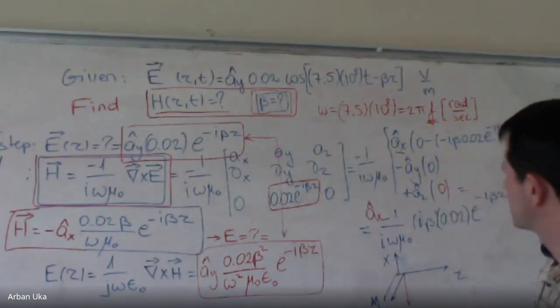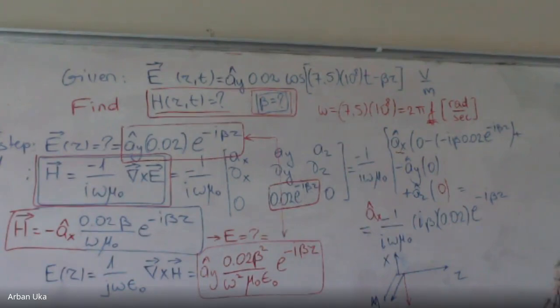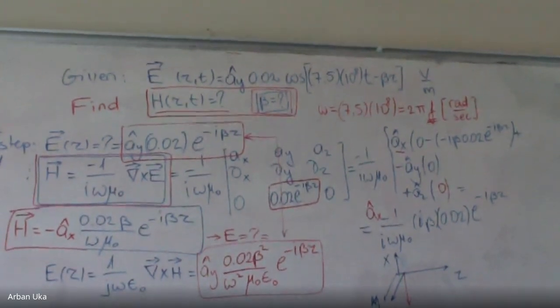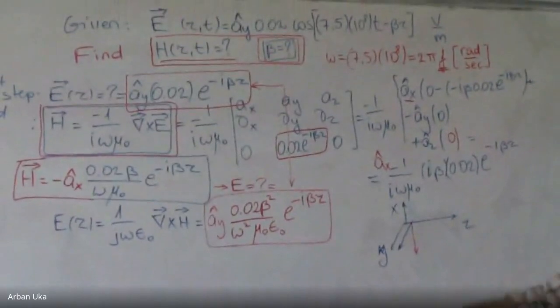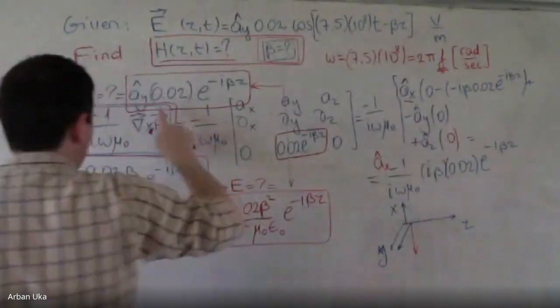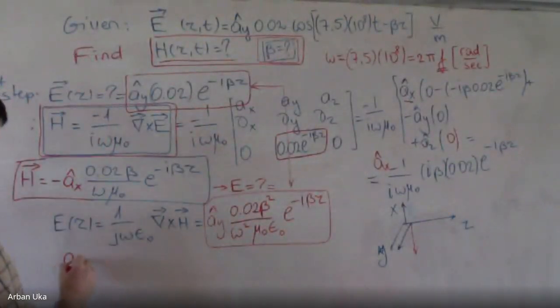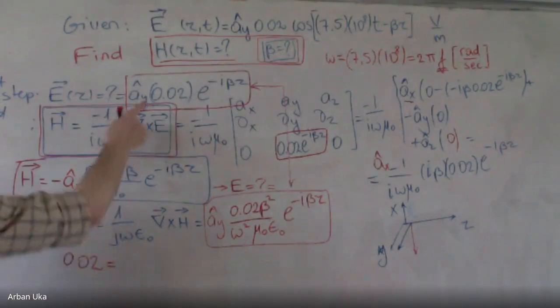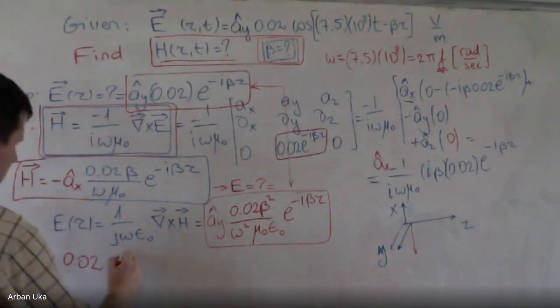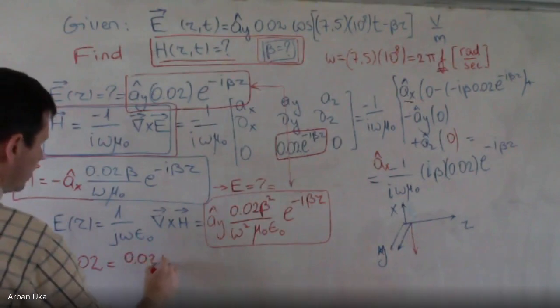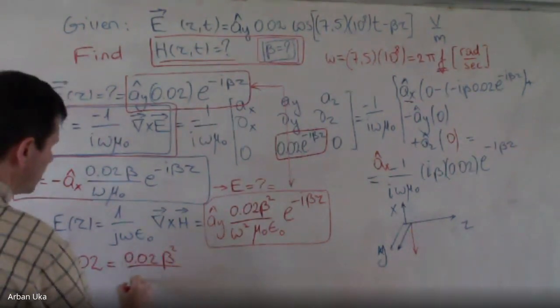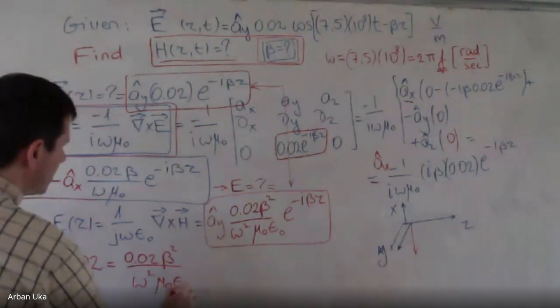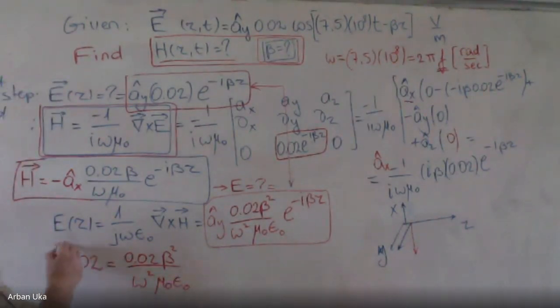With these two relationships, we can equate the expression on top and say that 0.02, which is in the expression of E, is equal to 0.02 times beta squared over omega squared mu 0 epsilon 0. So this is the relationship that we can construct.